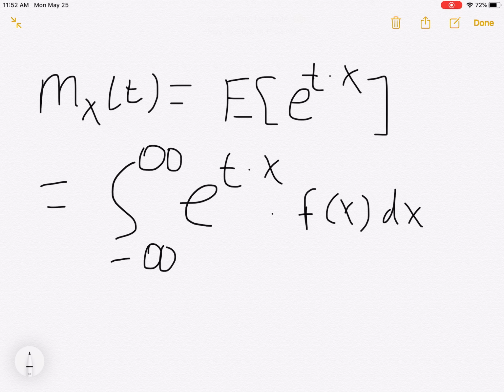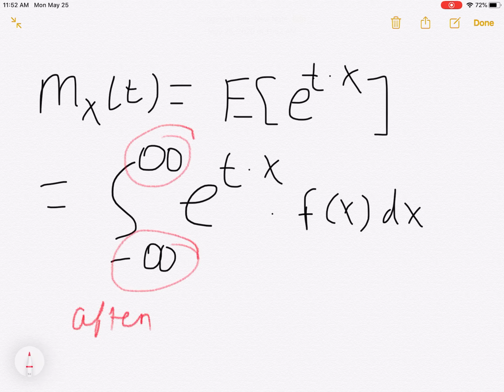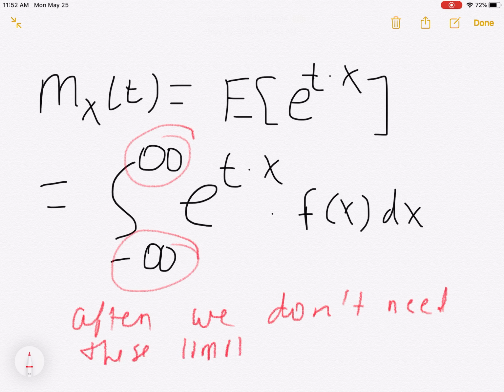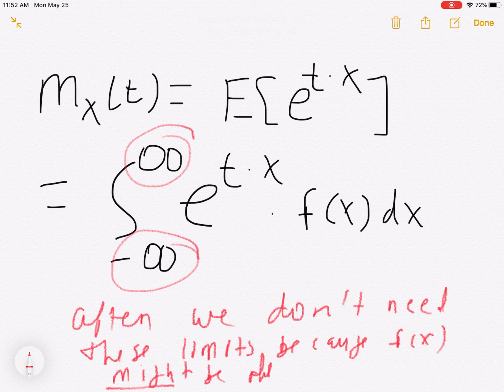One thing that I should say is that commonly, so often, we don't need these limits because f of x might be defined on a smaller interval.